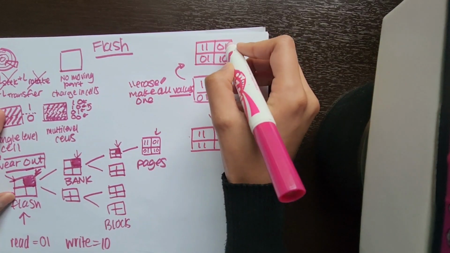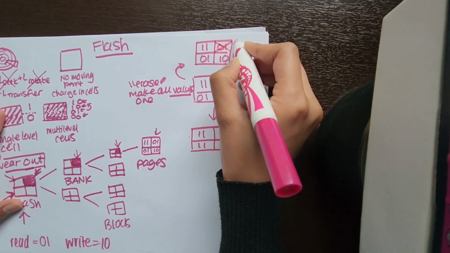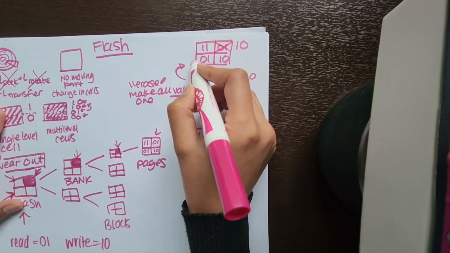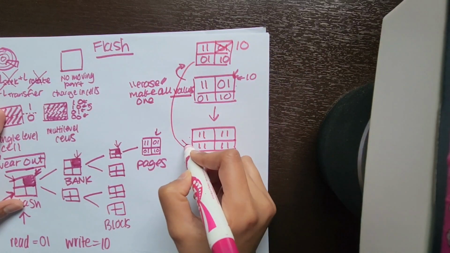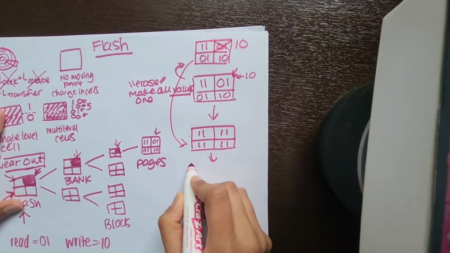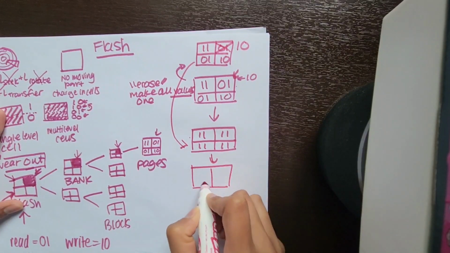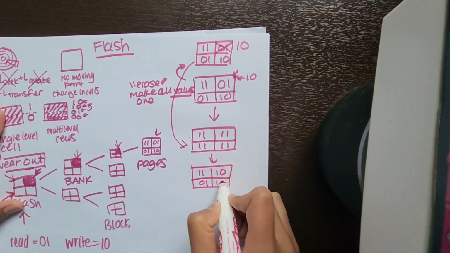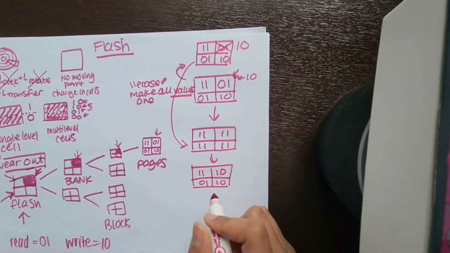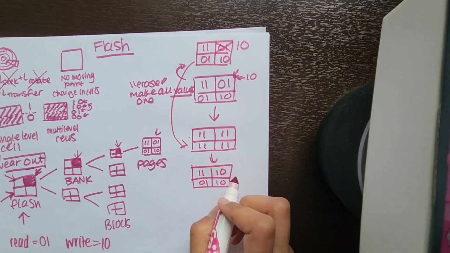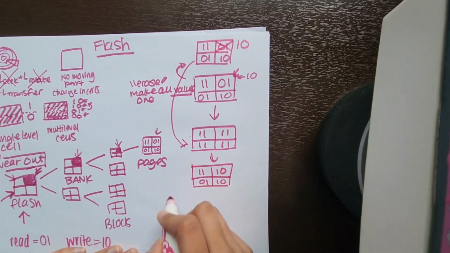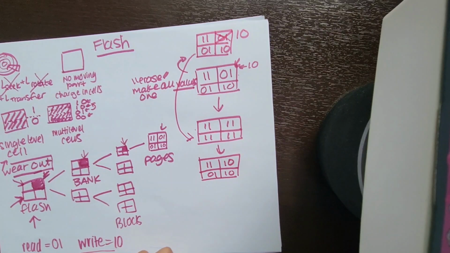And then when it's in memory, you can change this to 1, 0. And then you can take this new updated data and put it in here. And then you can modify it from here. So you can have 1, 1, 1, 0, 0, 1, 1, 0. And that's how you would do a write action.